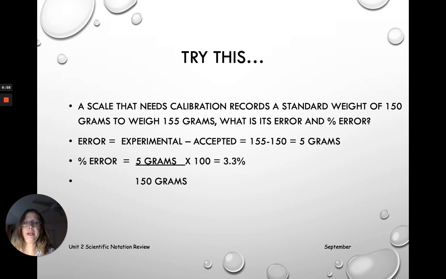What's supposed to be is 150, so it's off by 5 grams. And then we want to figure out the percent error. Well, the error is 5 grams. The accepted value was supposed to be 150 grams. So we have that fraction, and then we multiply that times 100, and we get 3.3% error. And that's how you would use that equation.